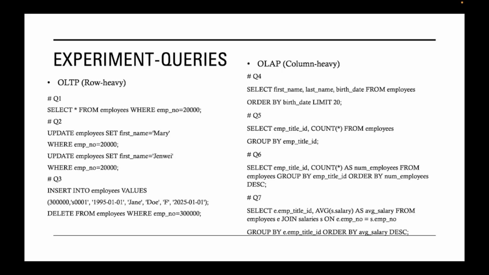Queries 5 and 6 perform a count, but query 6 does a sort at the end. And then query 7 is our most complex one. It is a large-scale join across the two tables, employees and salaries, followed by an average and sorting.